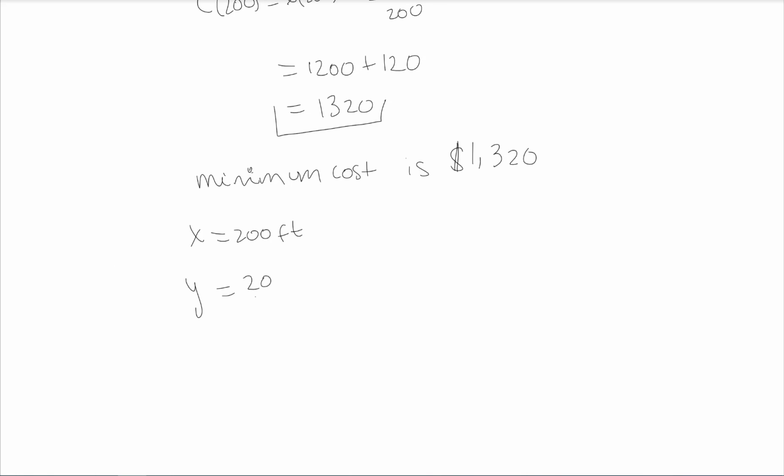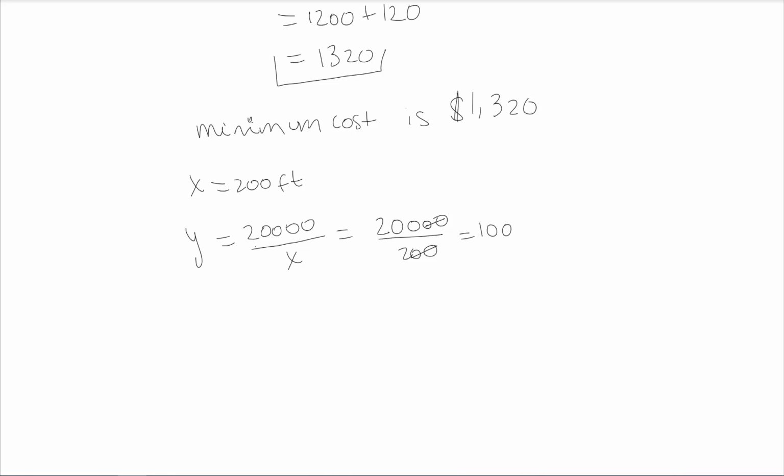So y was 20,000 divided by x, so that will be 20,000 divided by 200. So get rid of 2 zeros. So it's really 200 divided by 2, which is 100 also. So it will be a square. I'm sorry, no, that's 200 and that was 100.